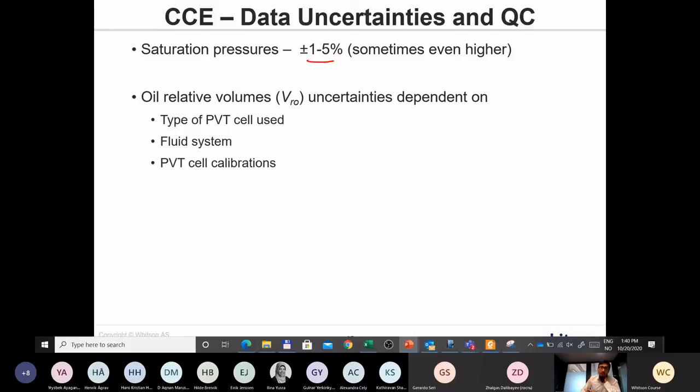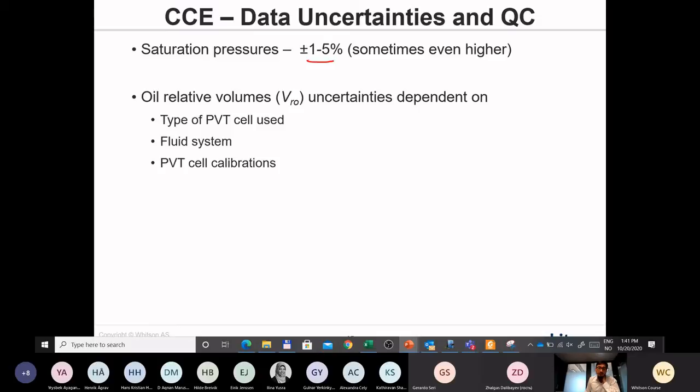The uncertainties in the VRO measurement, the relative oil volume, vary very widely with the type of PVT cell used. There are different kinds of PVT cells available in the market. You have mercury-based cells, you have mercury-free cells, and you can have automatic measurements of the interface with time.